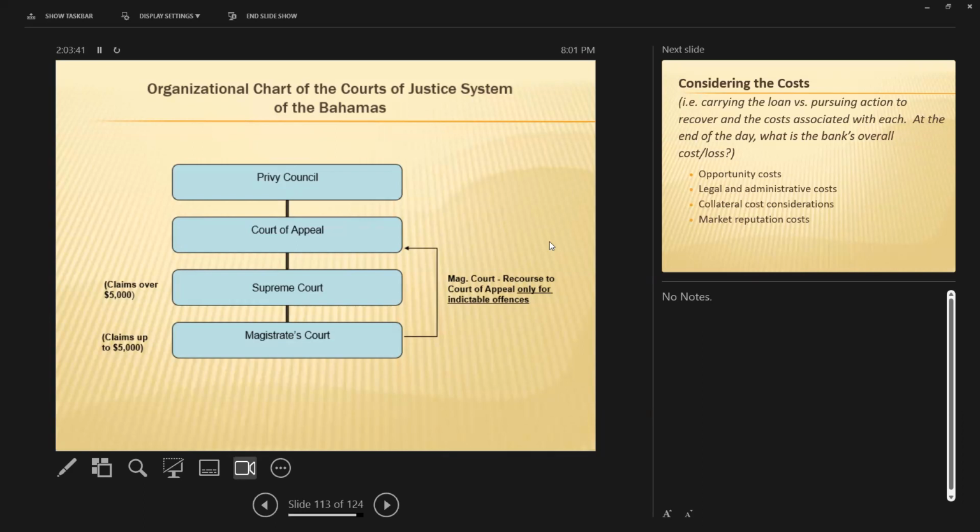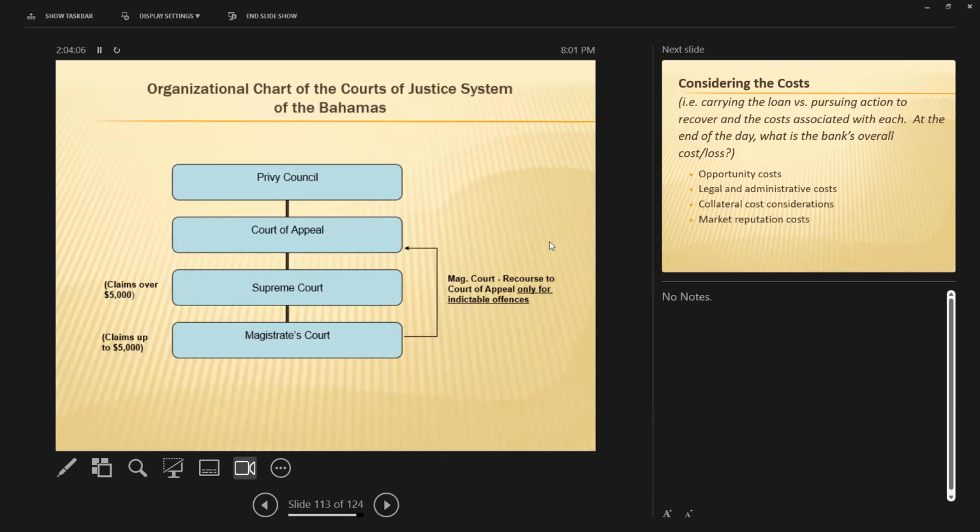So if you have, say, a $7,000 loan, but you think you're not going to collect all of that, rather than spending a lot of money in the Supreme Court, which is more expensive, take your chances in the magistrate's court because it's less expensive.